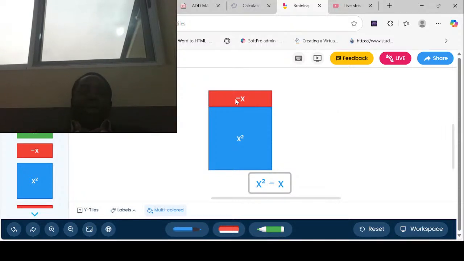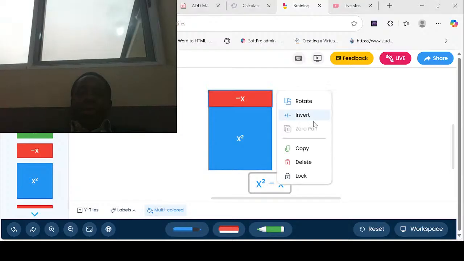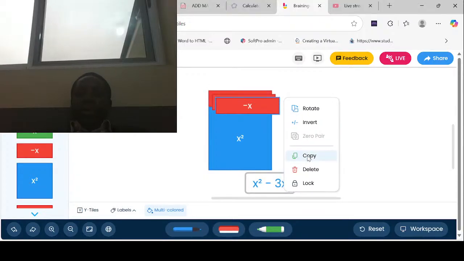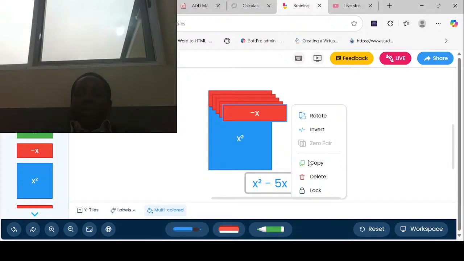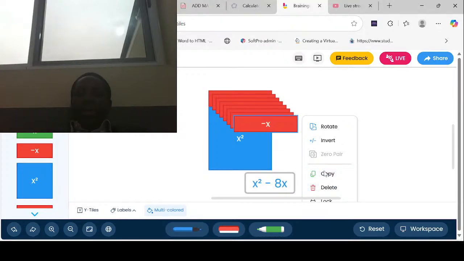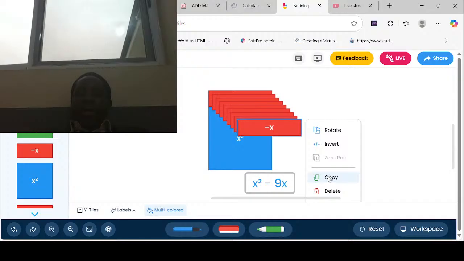So I will make this one into 10 places because this is 10x. So usually you just copy, I think 9 times. Copy, that's 2 now, 3, 4, 5, 6, 7, 8, 9, 10.